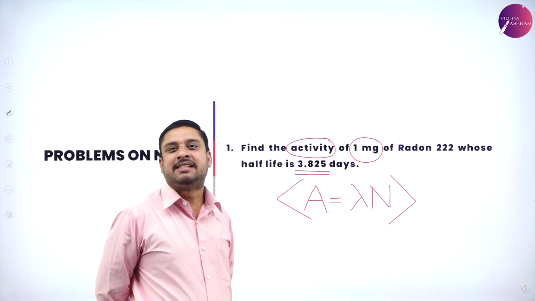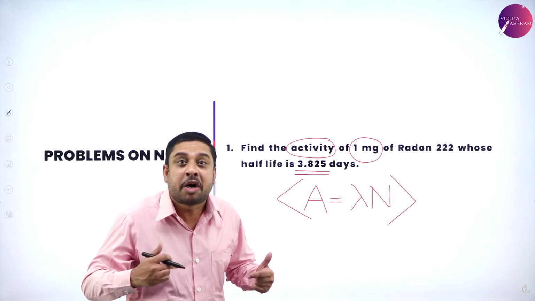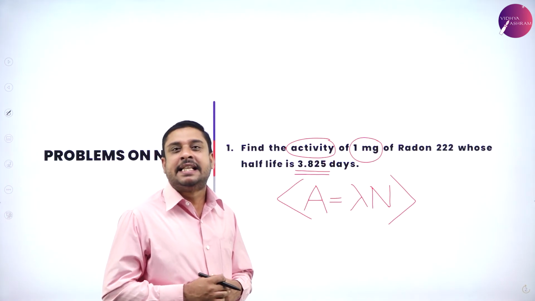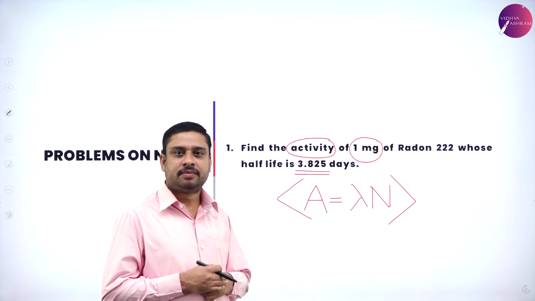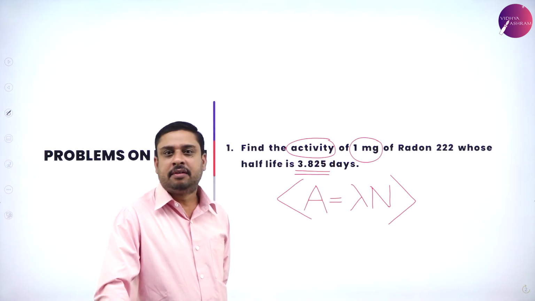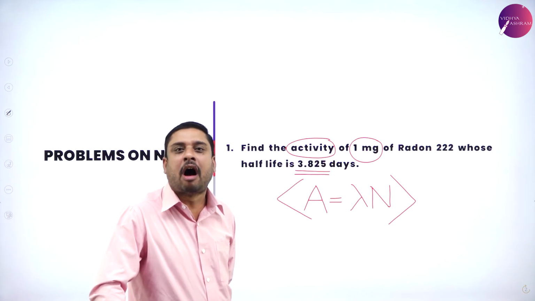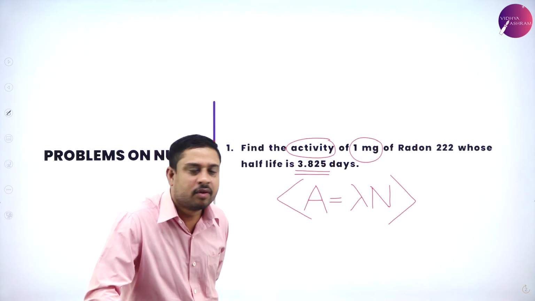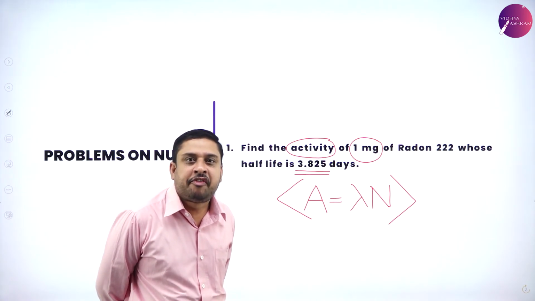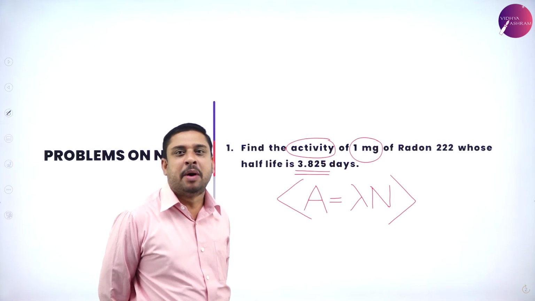Decay constant. N, number of atoms present in the given sample. Again, I repeat, what is lambda? It is the decay constant. What is N? Number of atoms present in the sample.